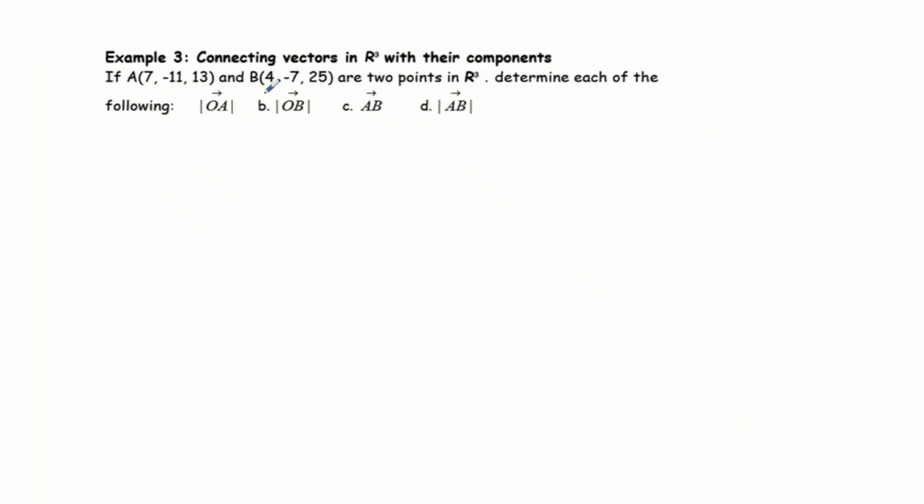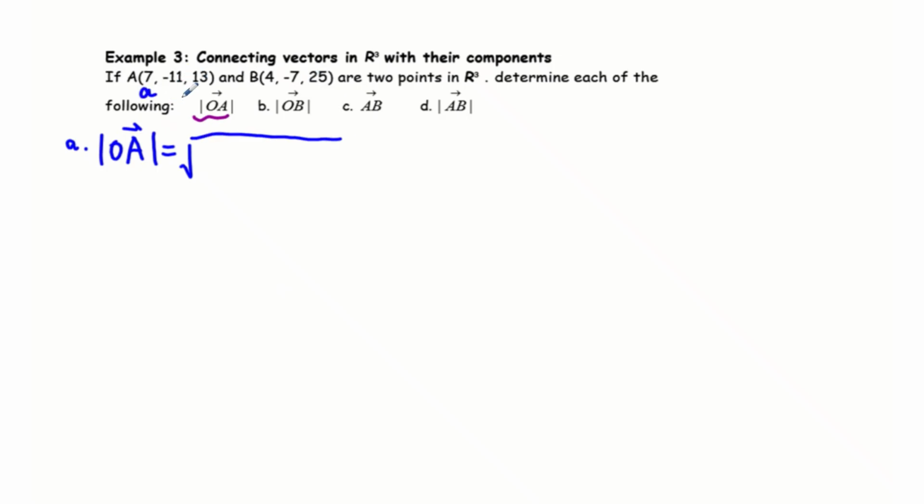So this is example 3. The R3 just means 3 dimensions. So this is X direction, Y direction, Z direction, and determine each of the following. And this time OA is just a magnitude. So this is A, OA, it's just the magnitude, and it's the square root of the x, y, z direction.